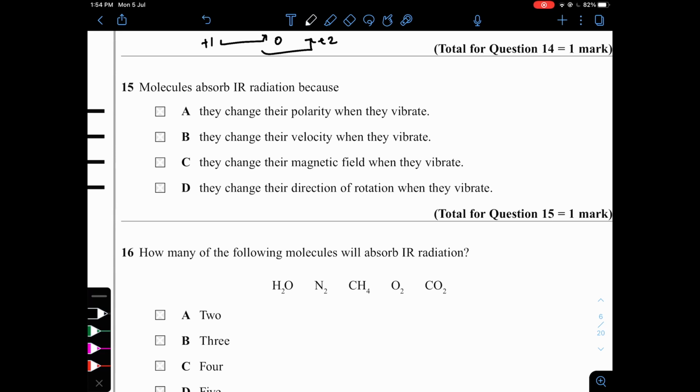Any change in the dipole moment through radiation would absorb. So we can only absorb IR radiation if they change their polarity. If they don't change the polarity, the molecules cannot absorb IR radiation.